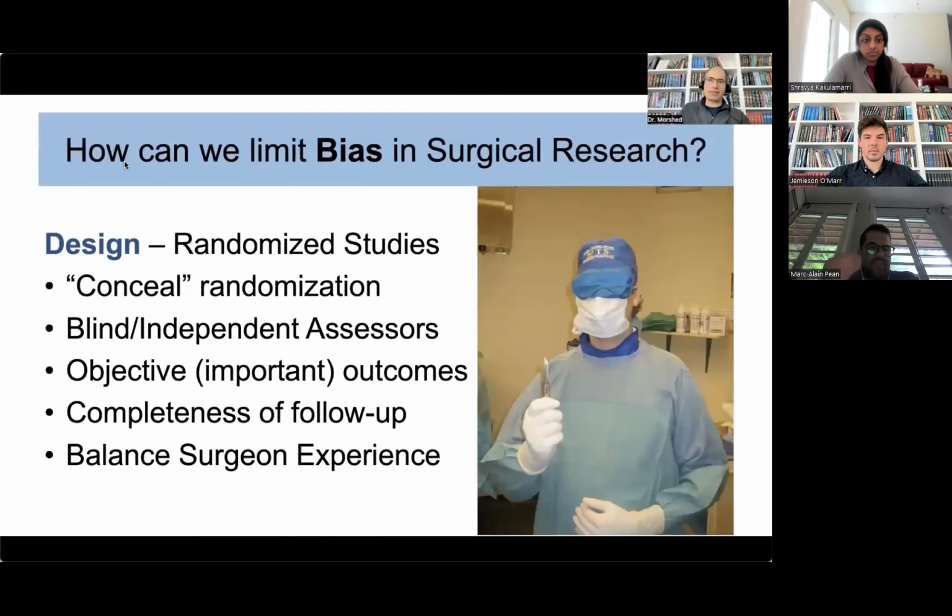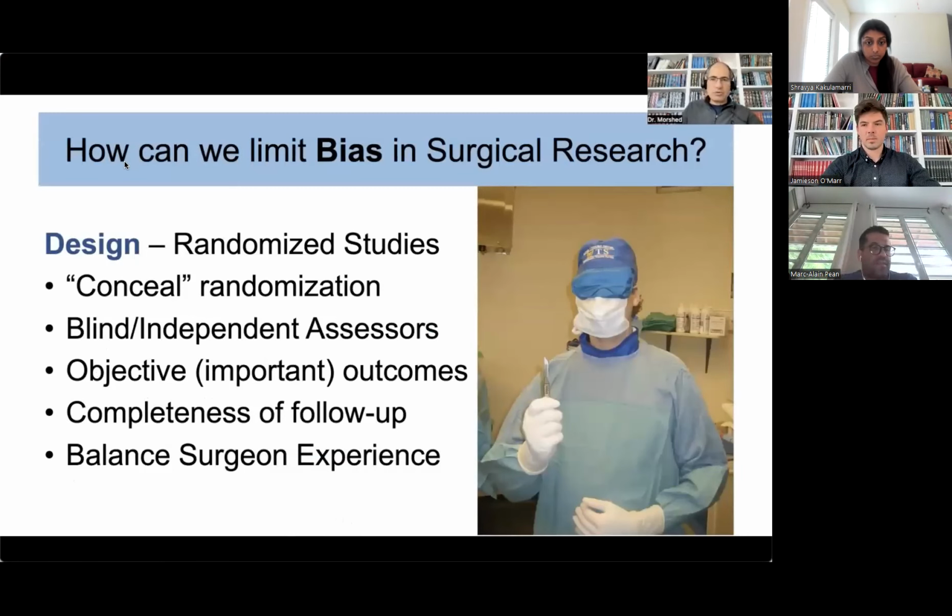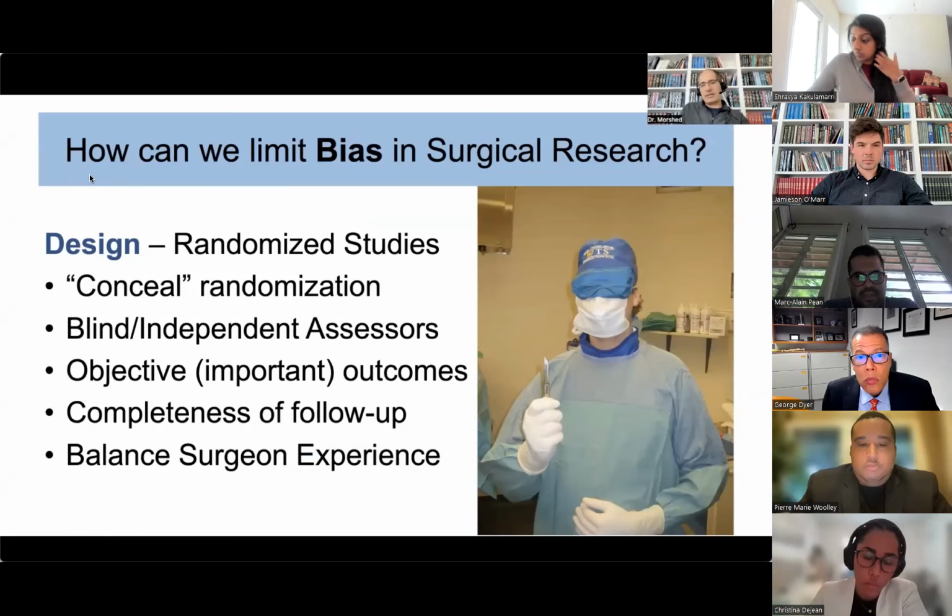Now, how do we limit bias in surgical research? Well, we can do it in the design phase of study by randomizing the study, for example, randomizing patients to treatment or outcome generates that true experimental scenario that we like, that we will often be searching for in high quality clinical research. If you're randomizing, you'd like to conceal the randomization so that the residents in the middle of the night don't try to game the system and only select the randomized treatment.